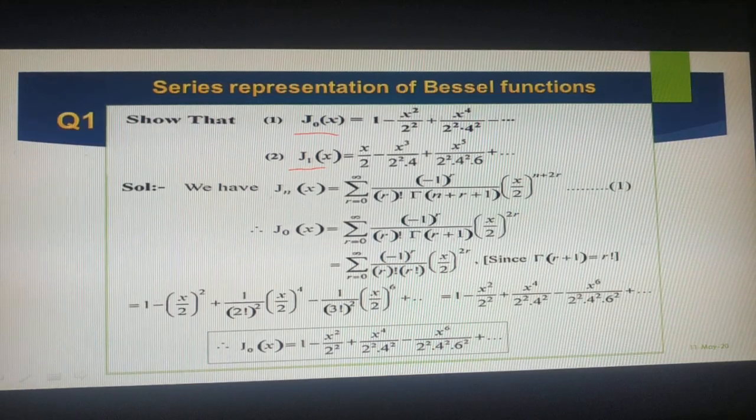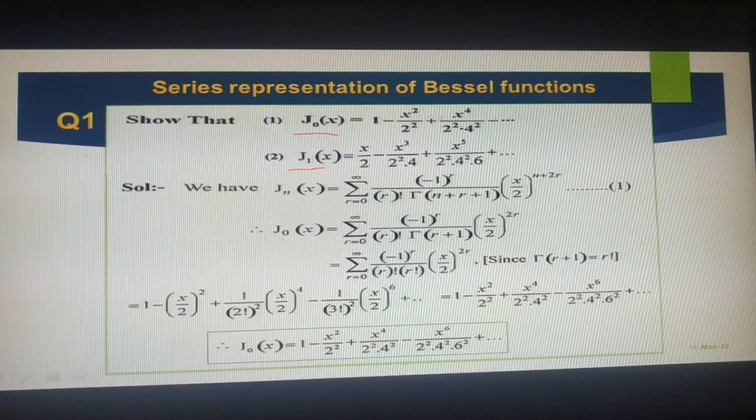Now in place of n, I am substituting n equal to 0 to get J0 of x. Wherever n is there, I substitute 0.